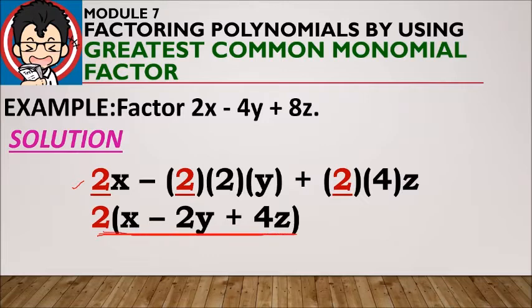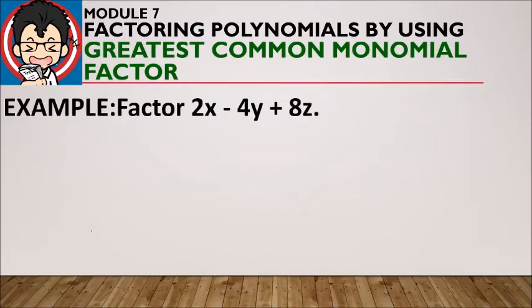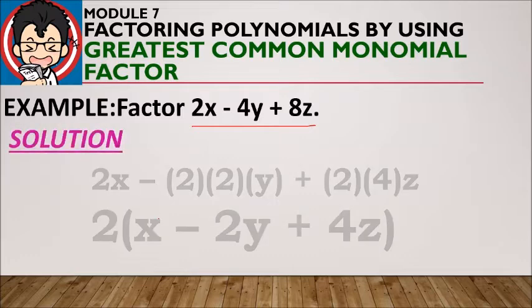So, finactor out natin yung common monomial factor natin. Okay? So, anong nangyari dun sa mga kapartners niya? Naiwan sila sa loob. So, finally, that would give us the final answer, or the factored form of 2x minus 4y plus 8z using the greatest common monomial factor.